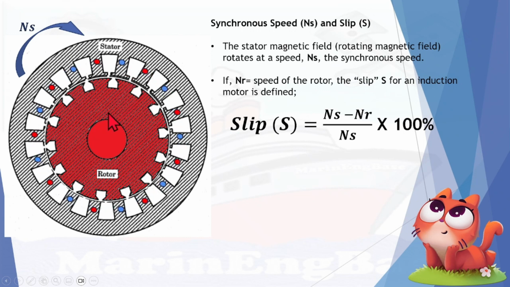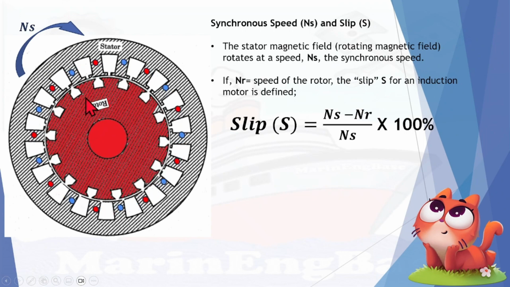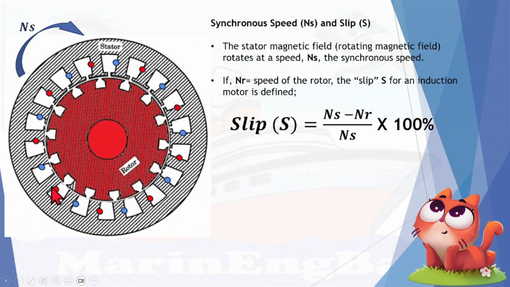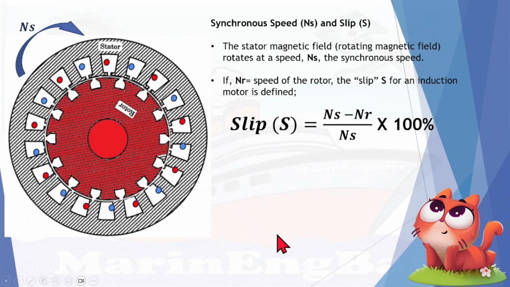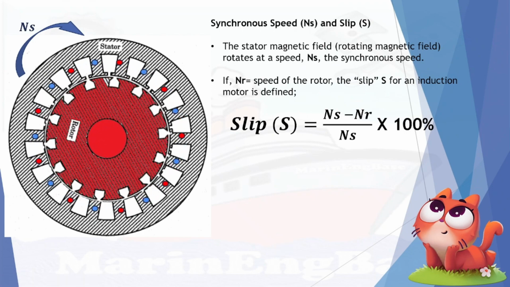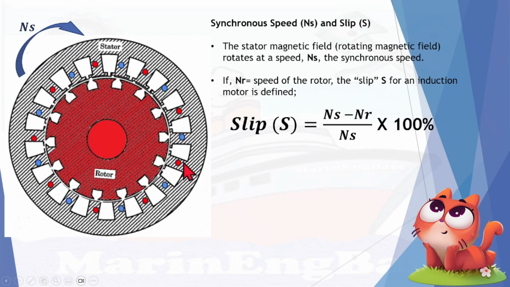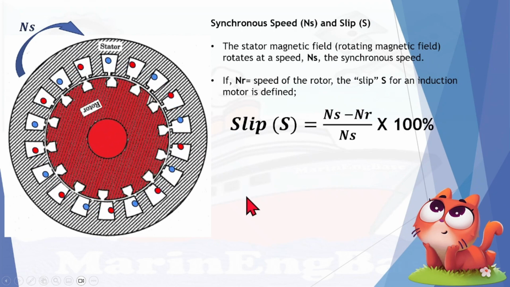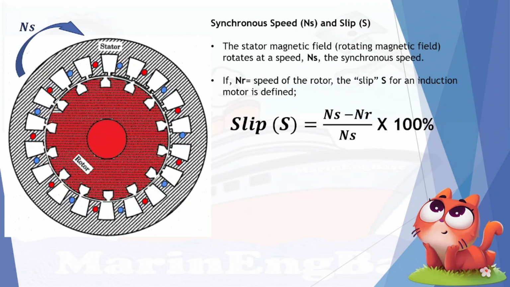As I mentioned earlier, in synchronous motors there won't be a slip. The rotor is spinning at the same speed as its rotating magnetic field, so there is no relative motion between these two magnetic fields. The stator magnetic field never cuts the rotor conductors, so no EMF is induced and no torque is produced.